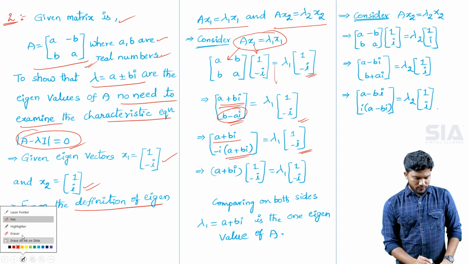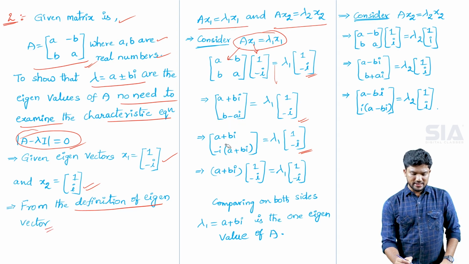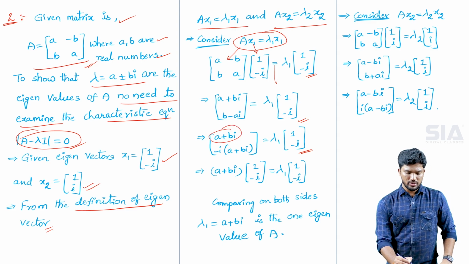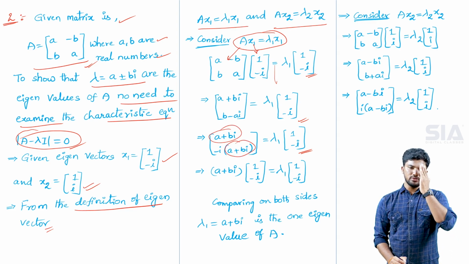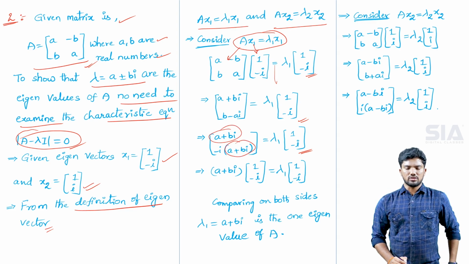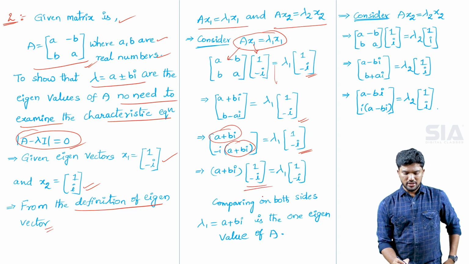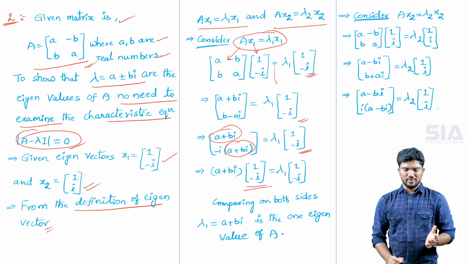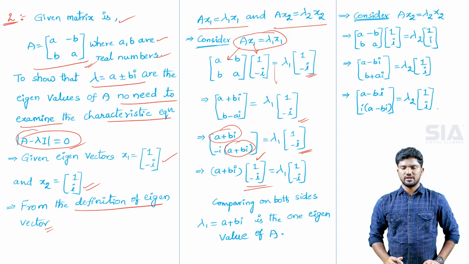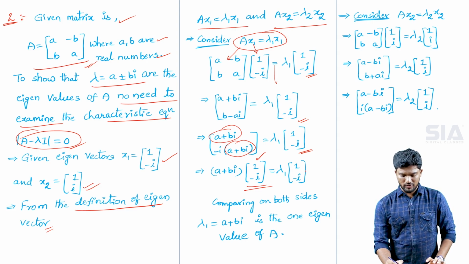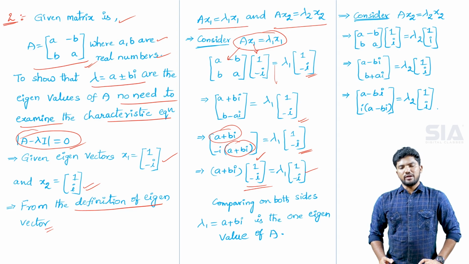So from the first column in the LHS, we can take the a plus bi value. Here we have an a plus bi value and here we have an a plus bi value, so you can take a plus bi common. Then, if you take a plus bi common, you will get the remaining values in a column matrix format, that is (1, minus i), equal to lambda 1 into (1, minus i).